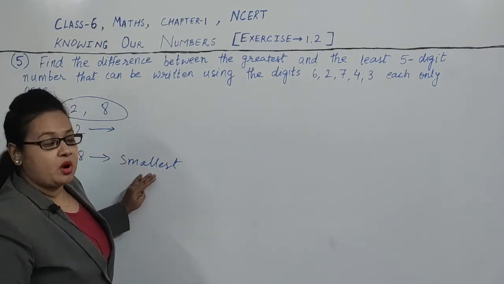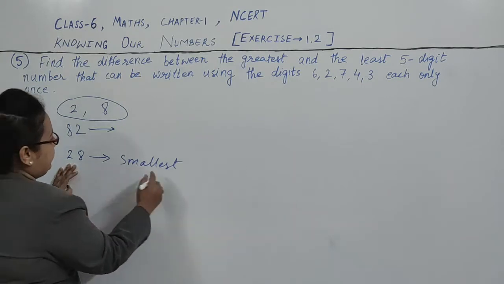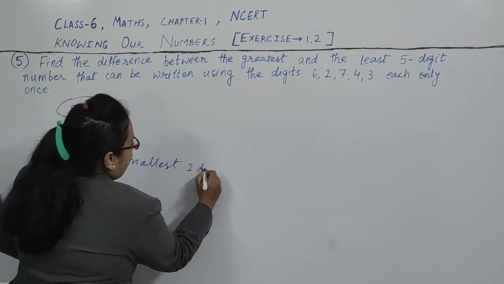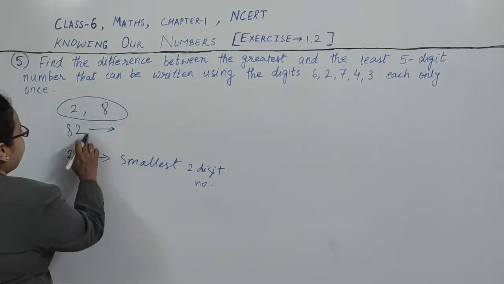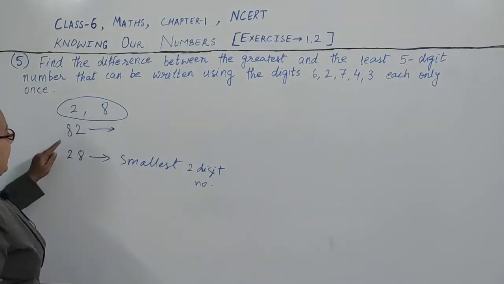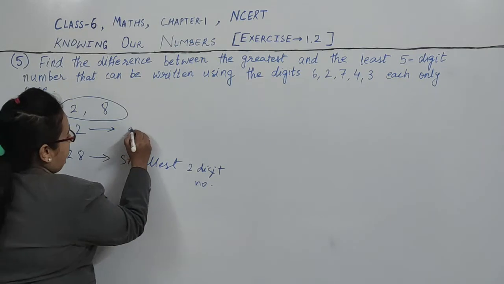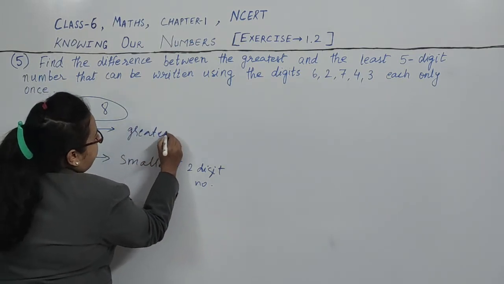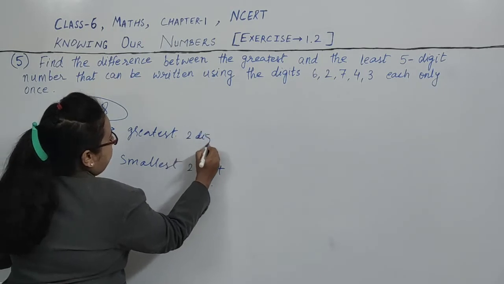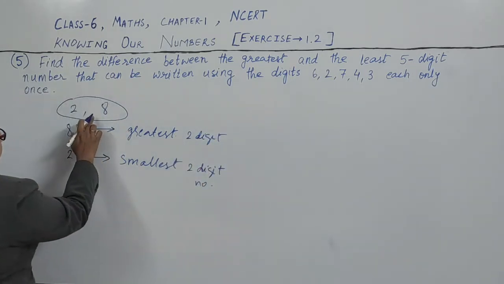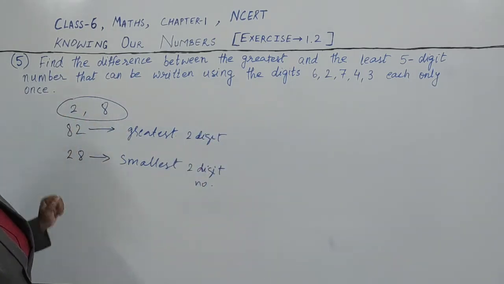So 28 is the smallest 2-digit number that can be formed with 2 and 8, and 82 is the greatest.